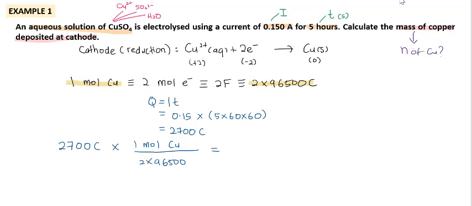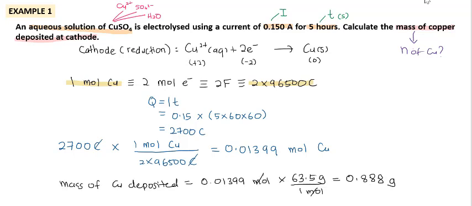The number of moles of copper deposited at the cathode is 0.01399 mole. And find the mass of copper deposited. 1 mole of copper is equivalent to 63.5 gram. Using the conversion factor, we will get the mass of copper deposited at the cathode, which is 0.888 gram.